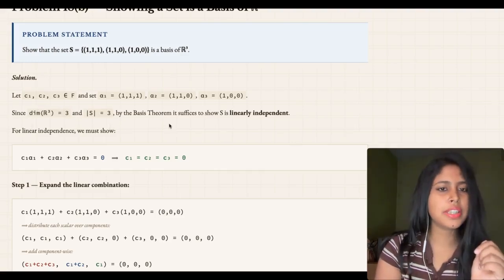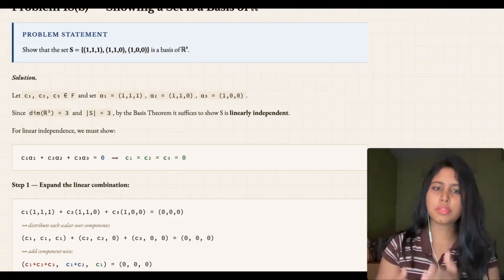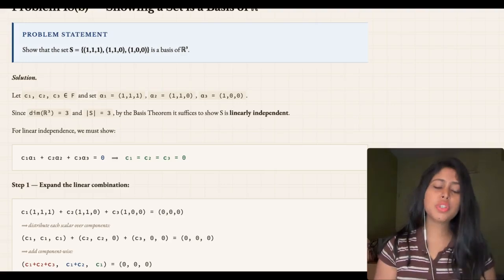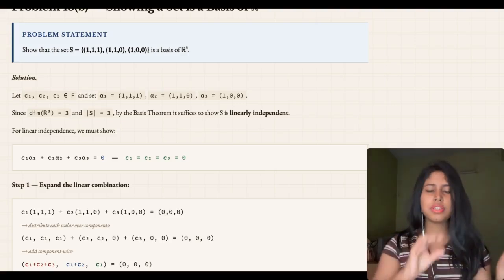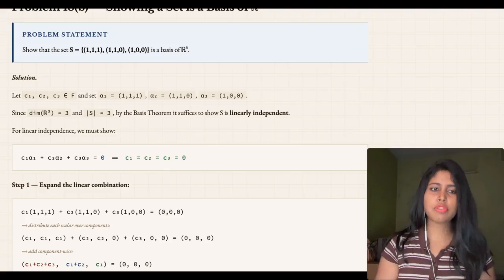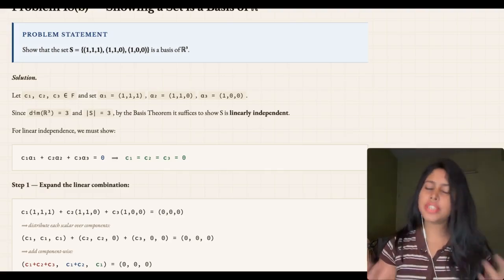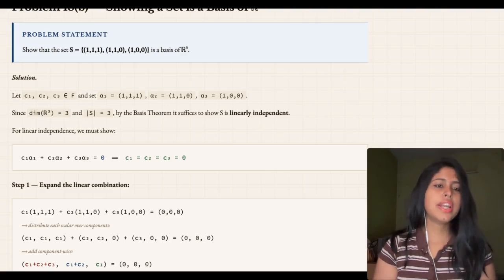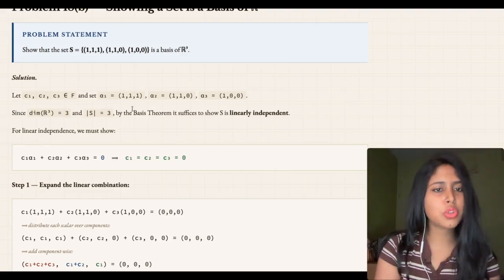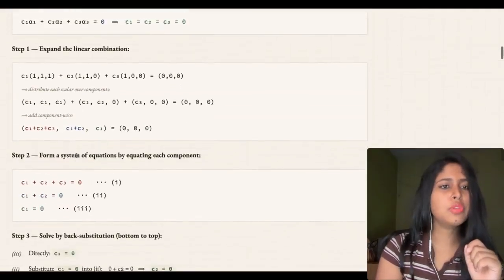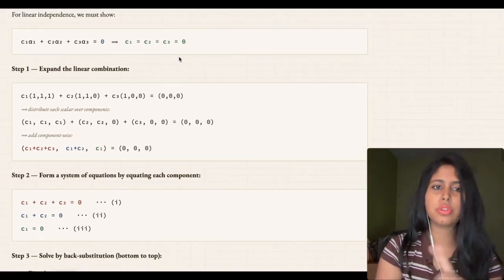And here we can see that by the basis theorem, it suffices to show that S is linearly independent. But for linear independence, we must show what is the rule of it. It is C1 alpha 1 plus C2 alpha 2 plus C3 alpha 3 is equal to 0, or theta, which is the null vector. Okay. Now, what do you do here? You will substitute the values of alpha 1, alpha 2, and alpha 3, right? Here, and then you will show that C1, C2, C3 is equal to 0.